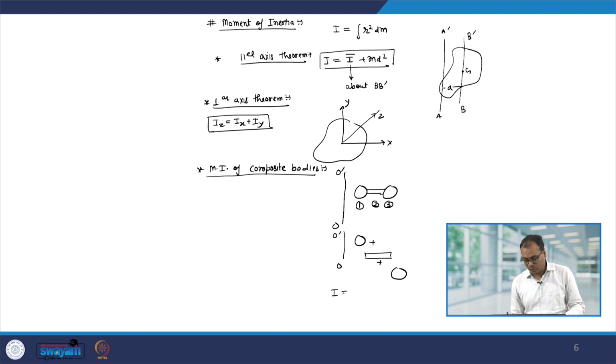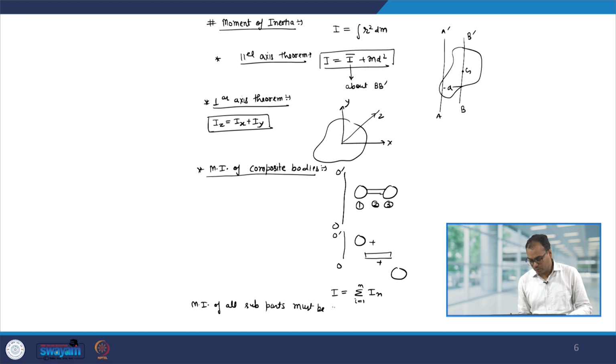Mathematically, I can write the moment of inertia of the composite body as the sum of the moments of inertia of all subparts. Herein we have to note that the moment of inertia of all subparts must be calculated with respect to the same axis, here OO prime.